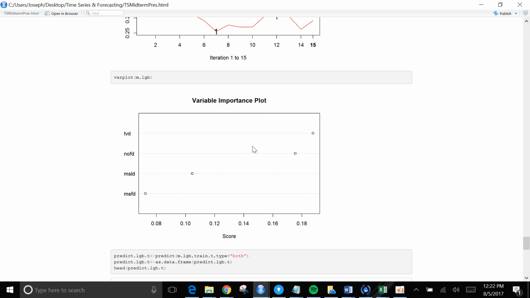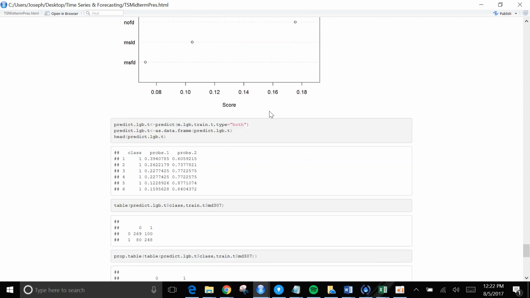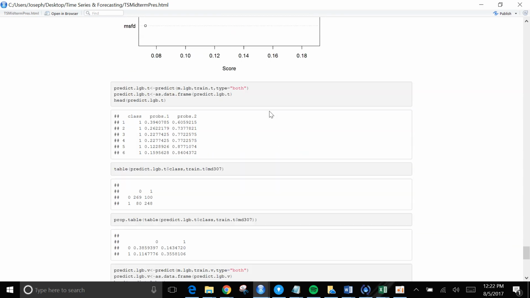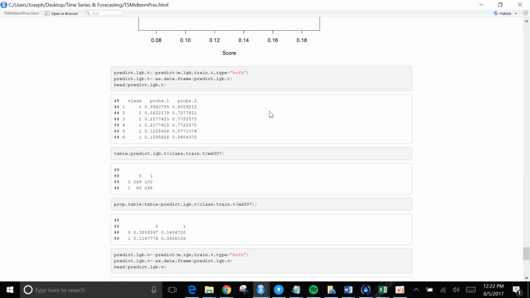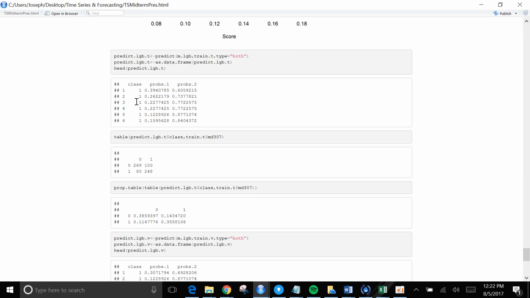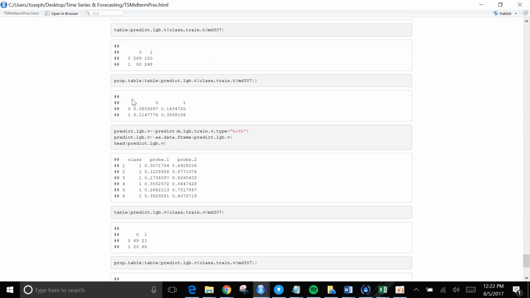Again, pretty easy to see, total volume donated and number of times donating are the two most important variables. Here we are again producing the classification as well as the probabilities. The classifications allow us to see the classification rate.